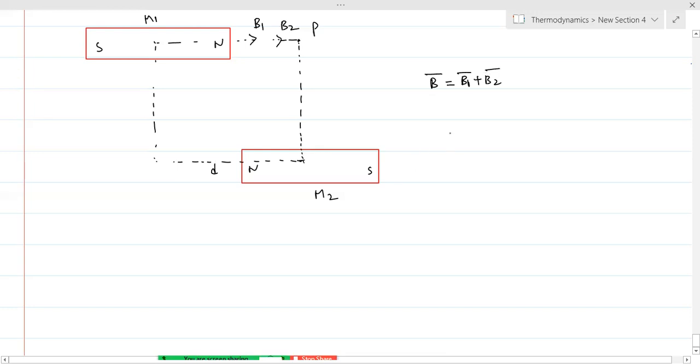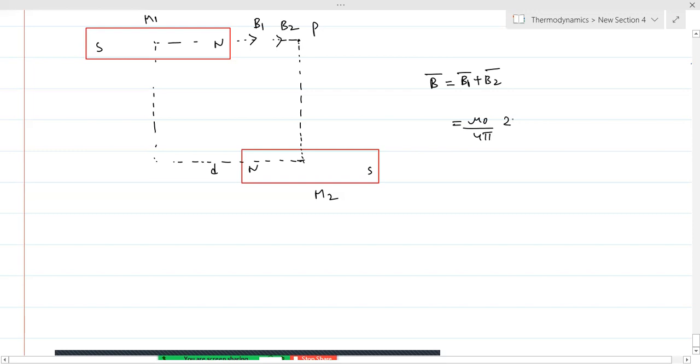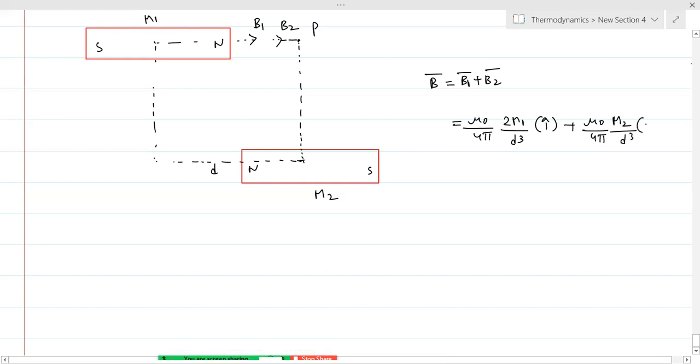Here we will write B1 bar and B2 bar as mu naught by 4 pi into, B1 bar means axial line, 2M1 by D cube into I cap, plus B2 bar means mu naught by 4 pi into, for that case we are taking the equatorial line, so M2 by D cube into I cap. Both lie in the same direction.